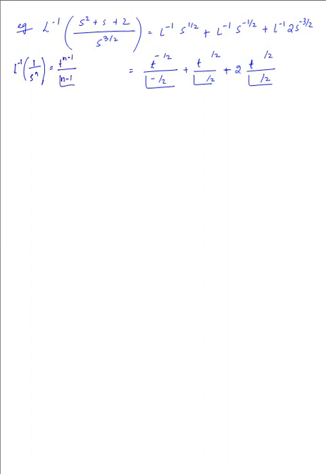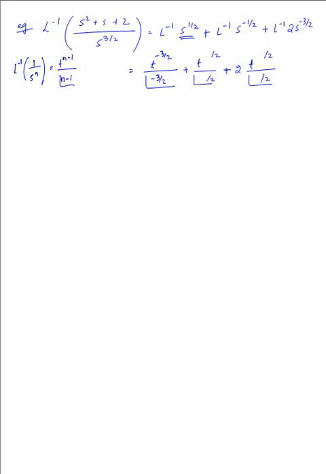So n in the first case is going to be minus half, because we have s raised to the power half, so when it is taken in the denominator we'll have minus half. So minus half minus 1 is going to be minus 3 over 2 instead of whatever was written, and then we have a minus 3 over 2 over here as well, the factorial of it.